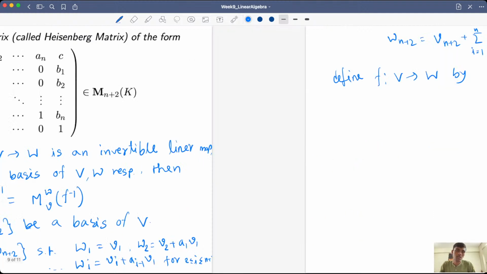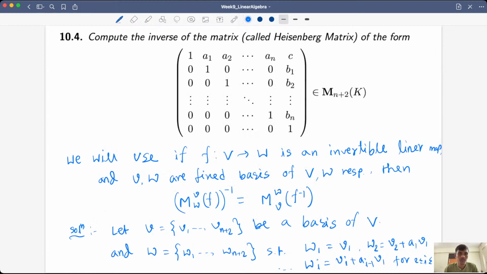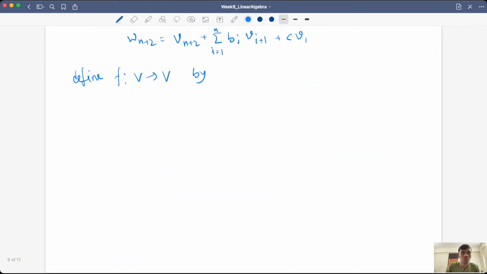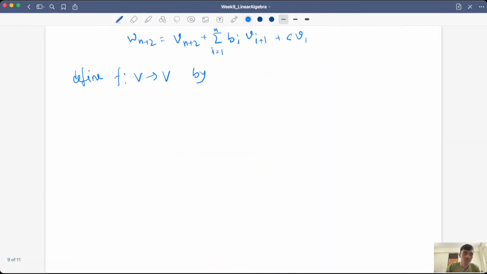So in this case I am considering both as V. Define f from V to V by f of vi equal to wi, where we are also using that the dimension of V is n plus 2.